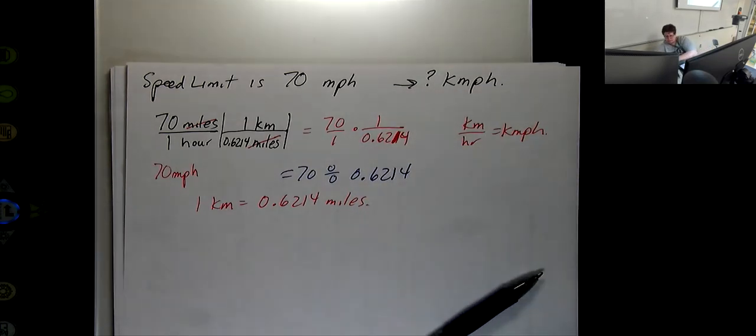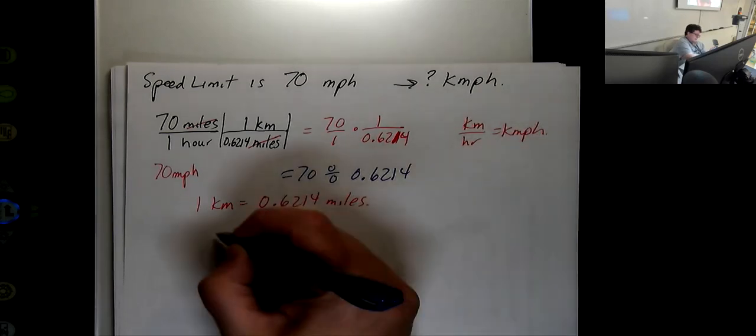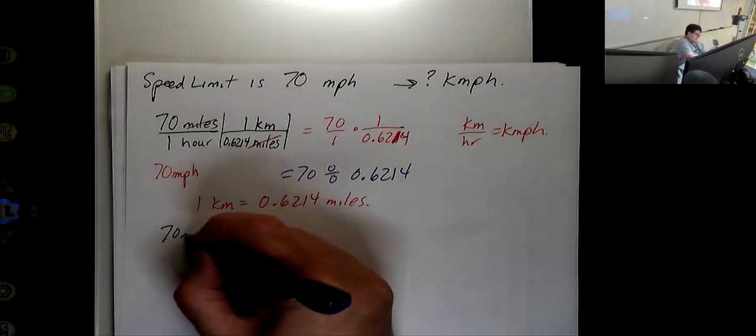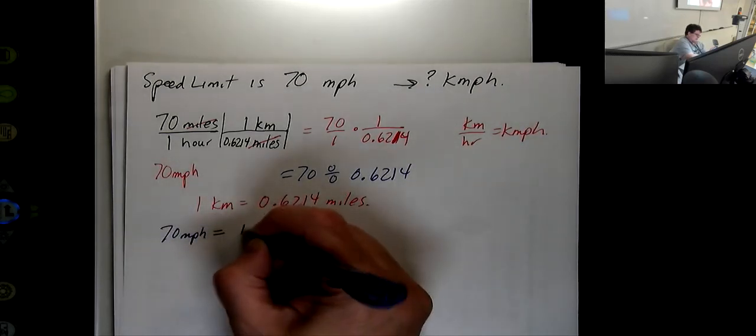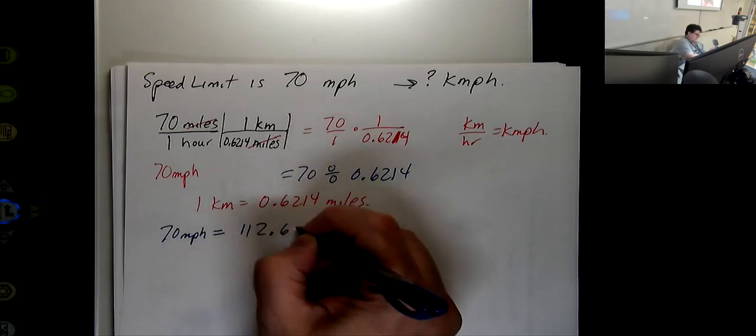Why didn't that work? 70 divided by... and I am getting that 70 miles per hour equals 112.64.